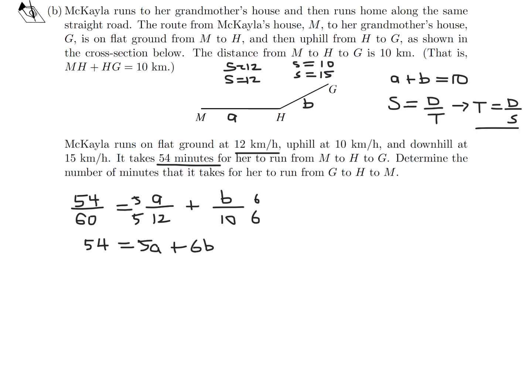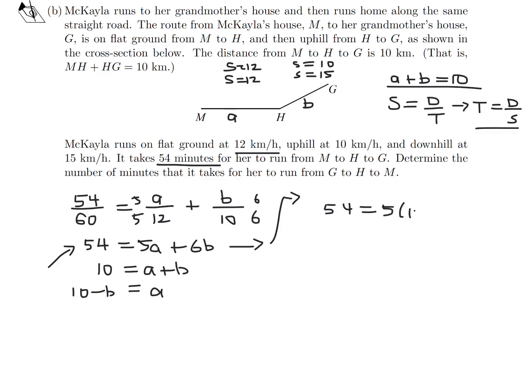So then that, what does that do actually? Nothing. Well, we got to use that formula. So 10 is equal to A plus B. So that this becomes a system of equations. So then A is equal to 10 minus B. Plug that into here. What would we get? 54 is equal to 5 times 10 minus B plus 6B.